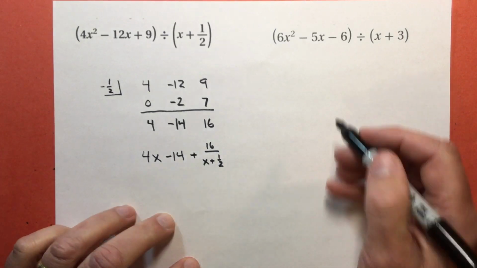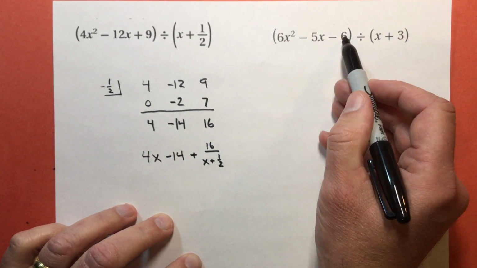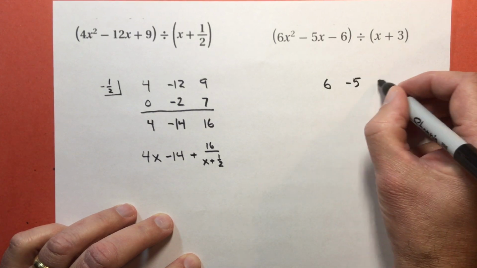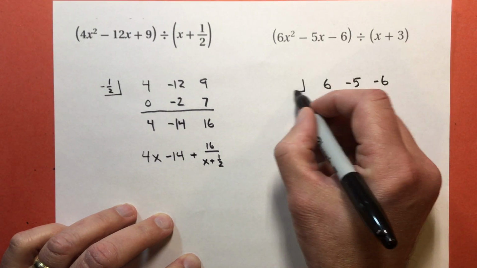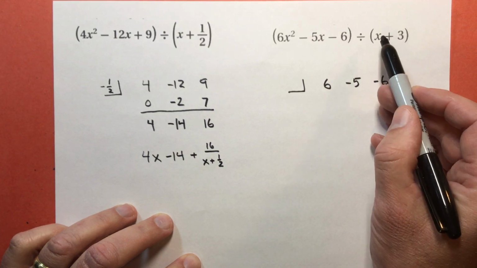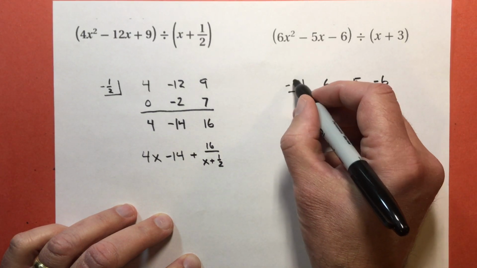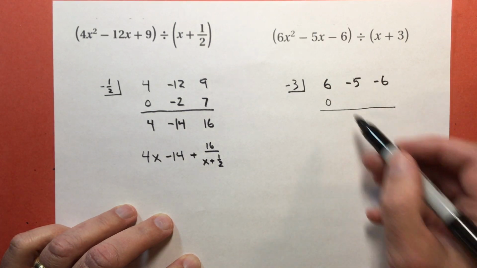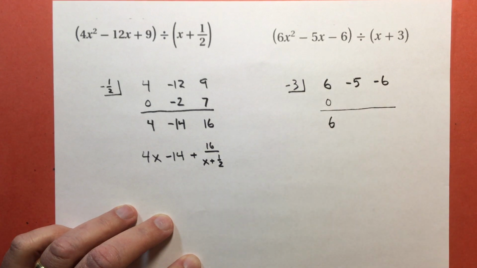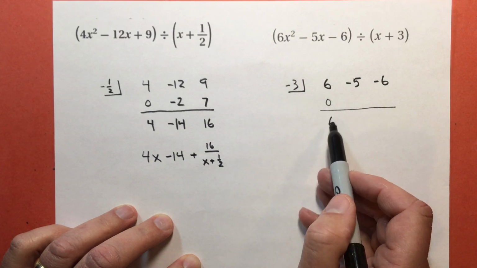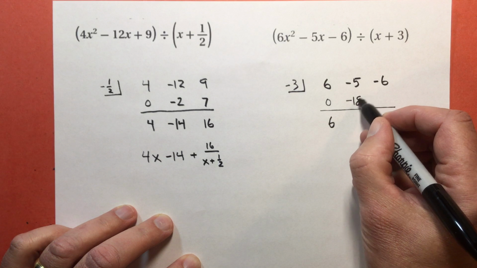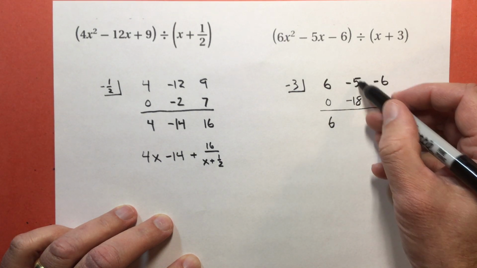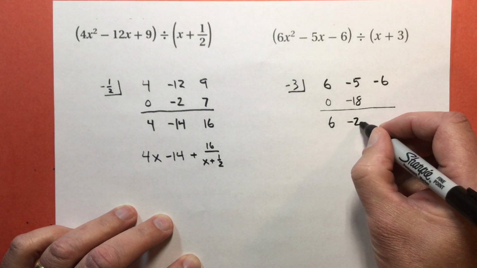Last one for this video. So you got standard form, it's not missing any terms, 6, negative 5, negative 6. This is x plus 3, so it's actually x subtract negative 3. Put a negative 3 here. Put that 0 right there. 6 plus 0 is 6. Negative 3 times 6 is negative 18. Negative 5 plus negative 18, I think, is negative 23.